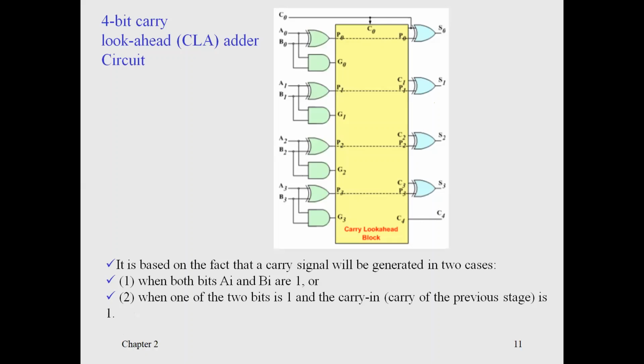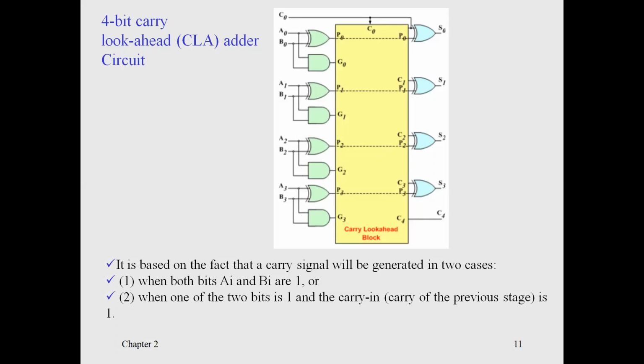Now, in the case of the parallel adder, the speed with which the addition can be performed is basically governed by the time required for the carries to propagate or ripple through all of the stages of the adder. The look ahead carry adder speeds up the process by eliminating this ripple carry delay.